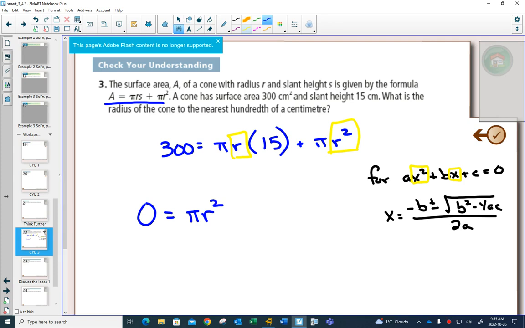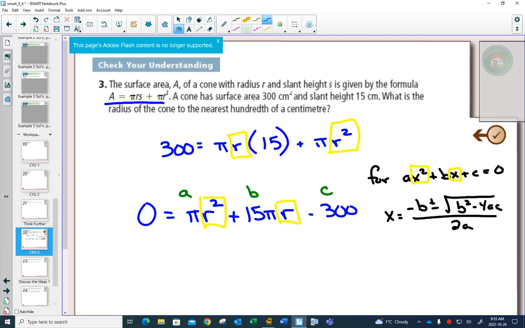My term with the r would be plus 15 times pi, 15 pi times r. And then I move the 300 over, minus 300. So once again, I notice there's my r squared. That means this will be my a value, pi. 15 pi would be my b value. And negative 300 would be my c value.